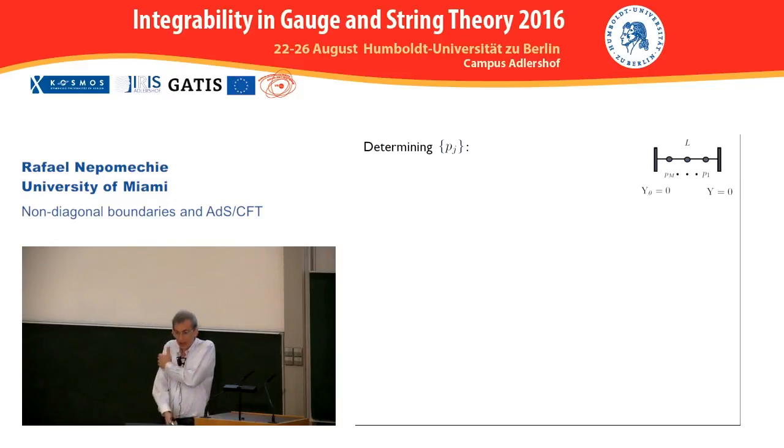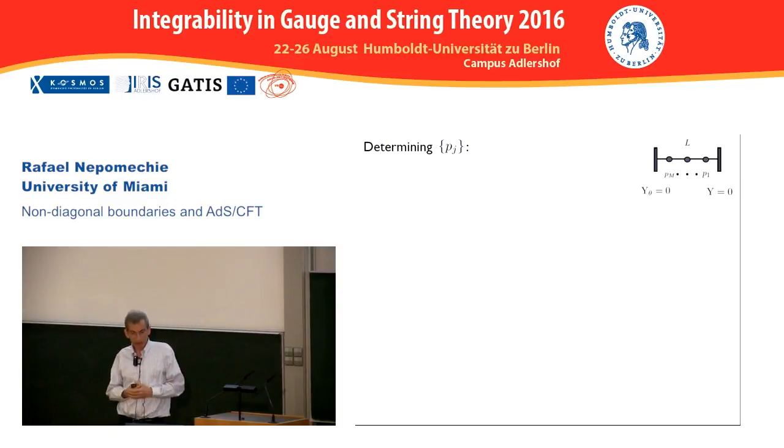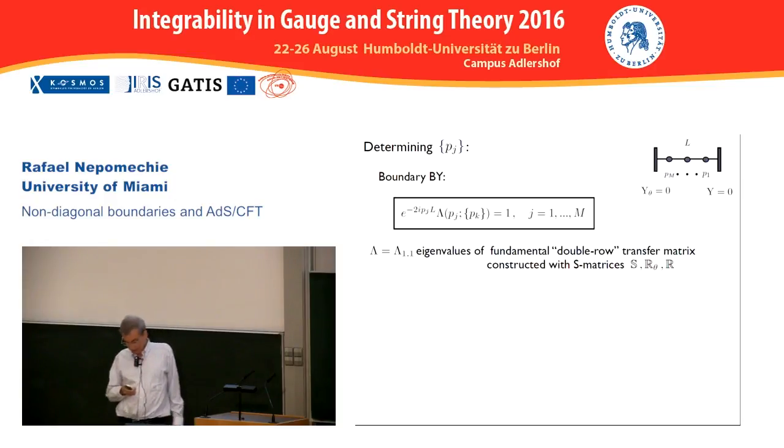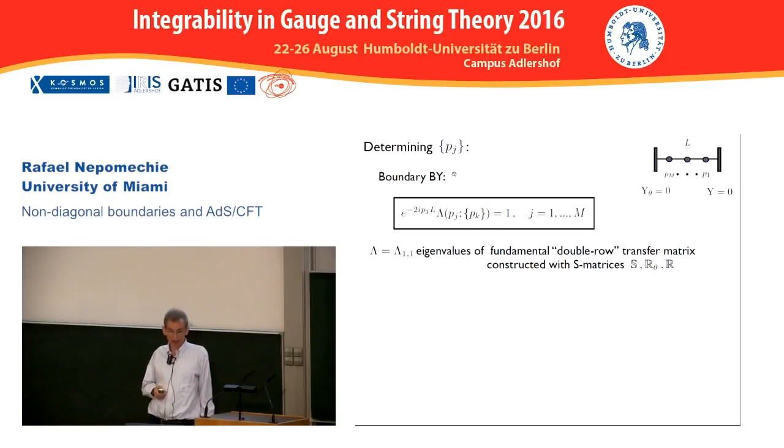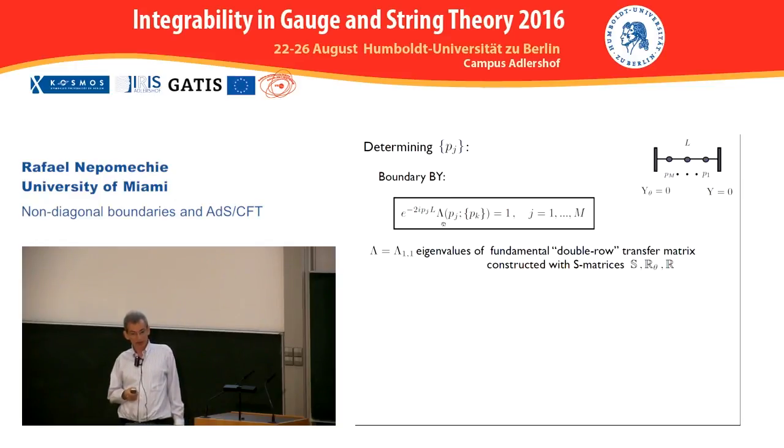Okay, so as in the case of the closed string, if you want to compute the energies of these multiparticle states, we need to compute their momenta. And it turns out that there is a boundary version of the beta-Yang equation, so we'll call it boundary beta-Yang, and it looks almost the same.